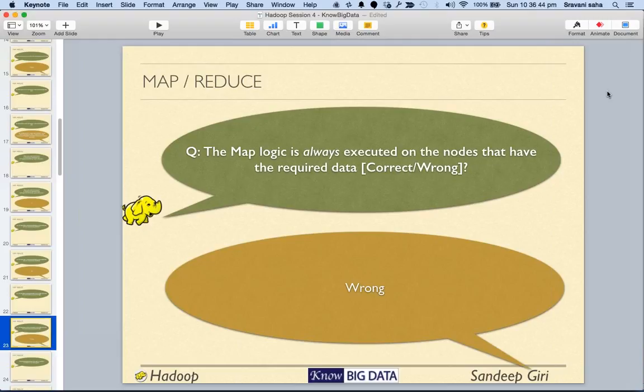Now should Hadoop give you an error that the node in which the data is available is not available for processing, or should it execute on some nearby node? So Hadoop chooses to execute on a nearby node, and the data gets transferred over the network to the nearby node.